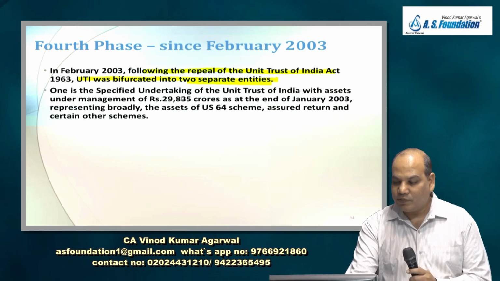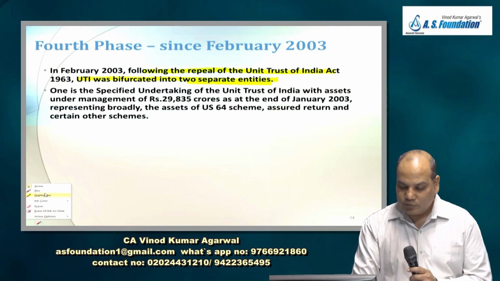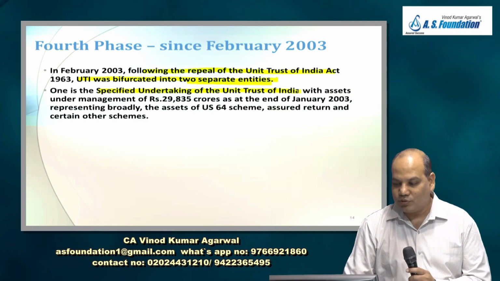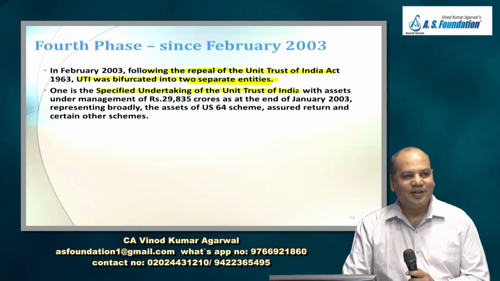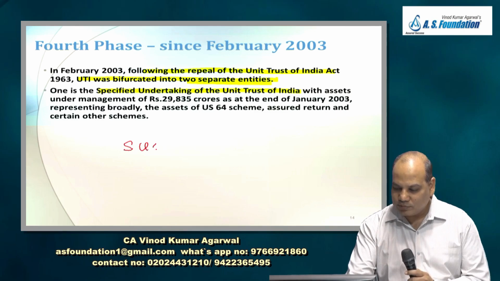One is the specified undertaking of Unit Trust of India. So the first one is called SUUTI. What is SUUTI? Specified undertaking of the Unit Trust of India. Something like this they used to write in the newspaper.